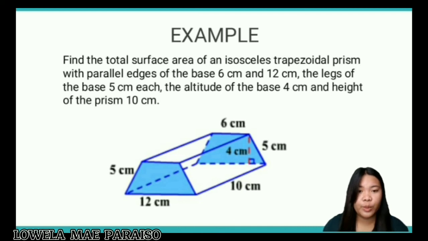B is equal to 1/2 times 4 times 6 plus 12 is equal to 36 centimeter squared. TSA is equal to PH plus 2B is equal to 28 multiplied by 10 plus 2 multiplied by 36 is equal to 280 plus 72. So, we need to add the 280 plus 72. So, the answer is 352 centimeters squared.